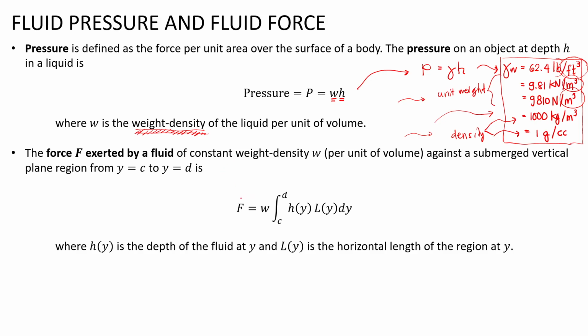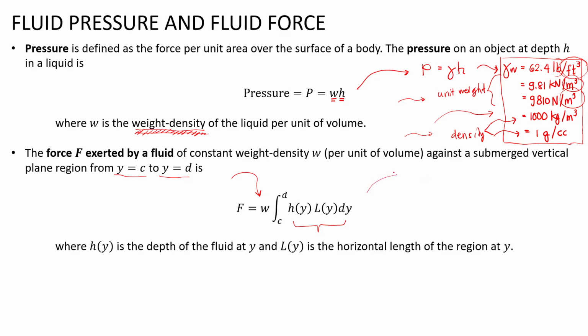So that's why if you look at the formula, the unit weight or the weight density is multiplied by the volume, H, L, and dy. Then C to D is the displacement in the vertical direction.